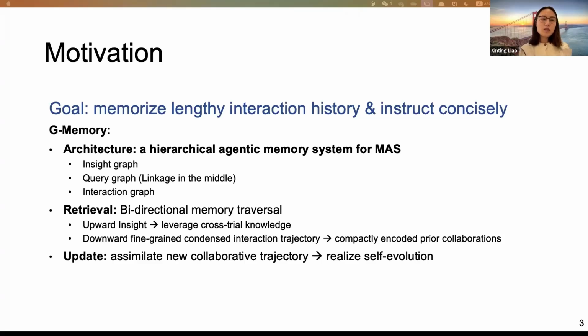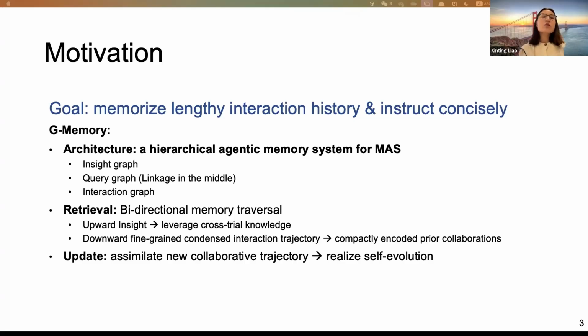For the architecture, G-Memory utilizes a hierarchical agentic memory system for multi-agent systems, which includes three hierarchical graphs: the insight graph, the query graph, which links the insight graph and the interaction graph in the middle, and the interaction graph.